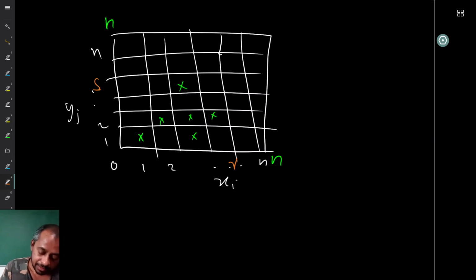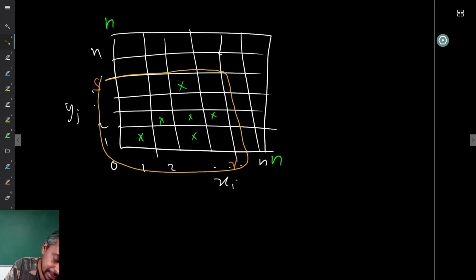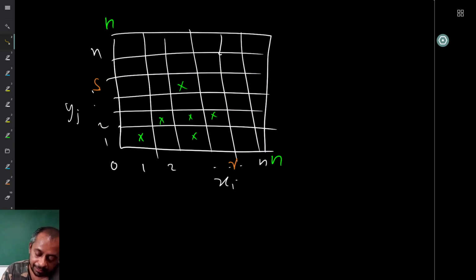If I look at the s times r sub-rectangle here, this rectangle will contain s times r boxes. It can contain at most s times r boxes. But n is greater than s times r, it's at least s times r plus 1.